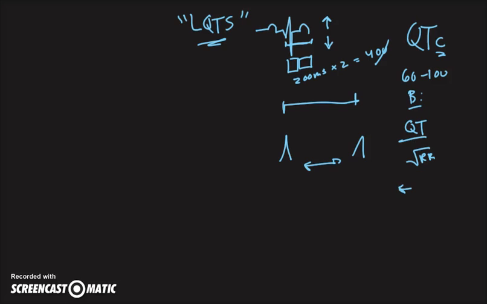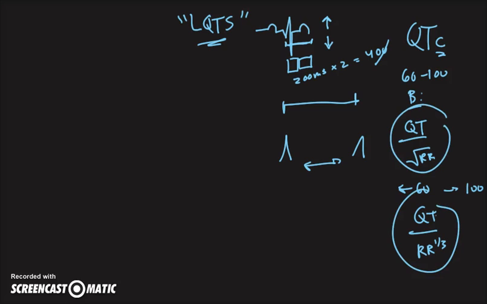If someone's heart rate is either bradycardic below 60 or tachycardic above 100, we use a different equation called RR to the 1/3. Either one of these is acceptable.